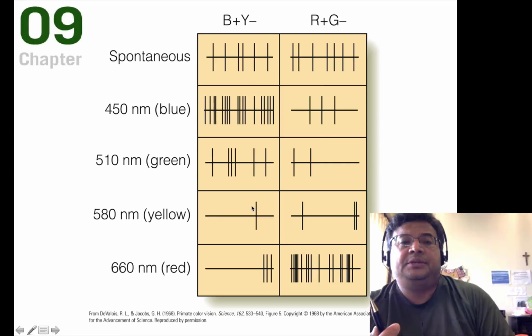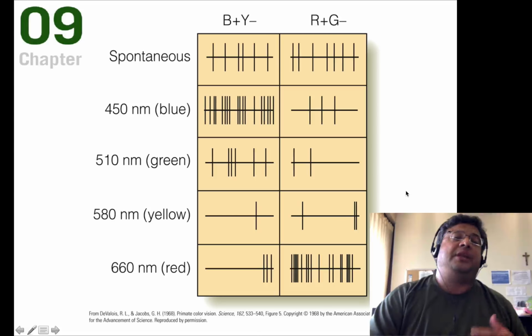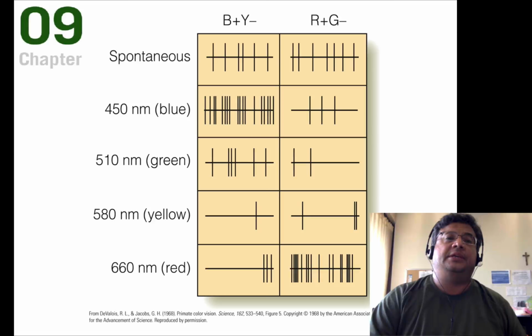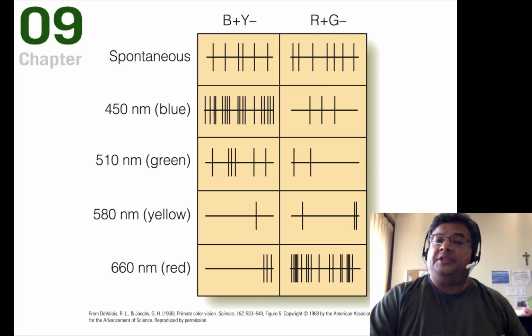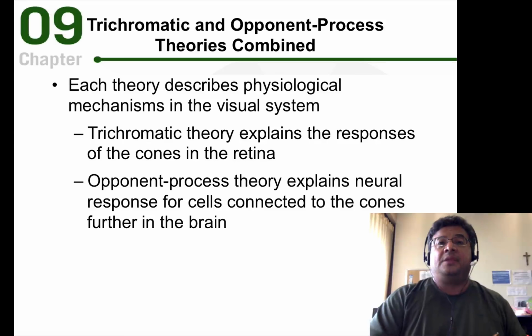So it goes from this to this. And it also affects this one as well. Not as much, but it does affect that one. And then finally, red. Again, it affects this one to a certain extent, but look how much it affects this one. A lot, right? The firing goes from this to this. So we have actually been able to identify neurons in the central nervous system that do behave a lot like you would expect opponent process neurons to behave.